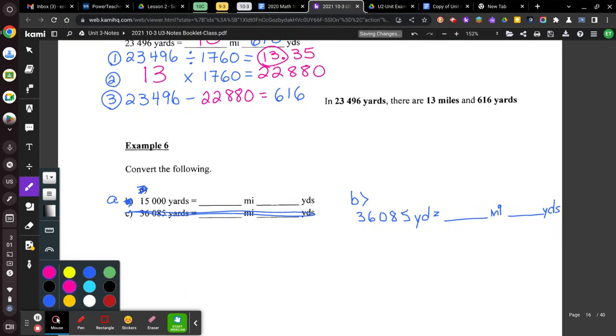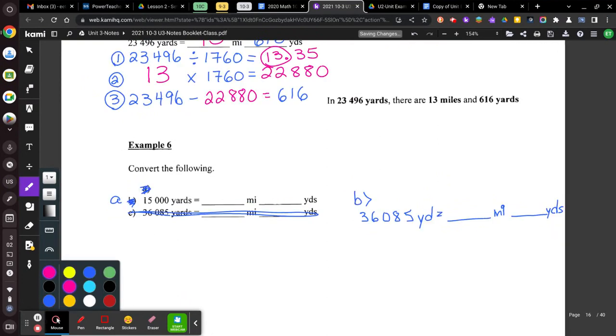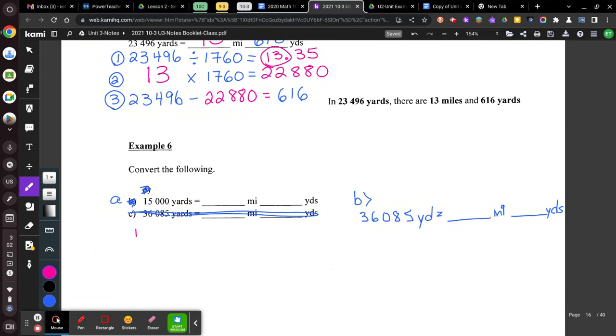So step 1, I take my original number, 15,000 yards. I divide by 1760. That means in step 2, I'm going to be timesing by 1760. Step 3, I take my original number and I subtract.